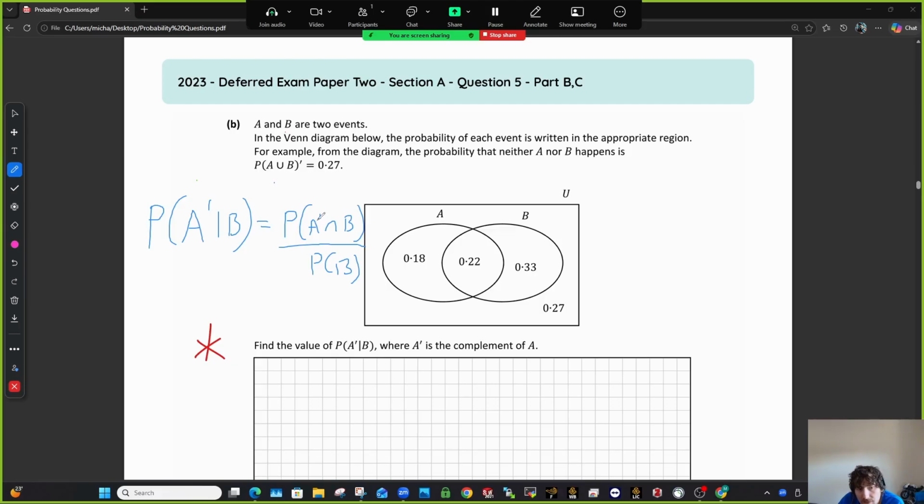So what we're asking for here is where does A not, what's not in A, intersect what's in B? The way you get something like this is you use the shading again. I'm going to shade in everything that's A not, everything that's not in A. So it's all this region here. Basically, I am putting yellow marks everywhere that doesn't go into that A circle.